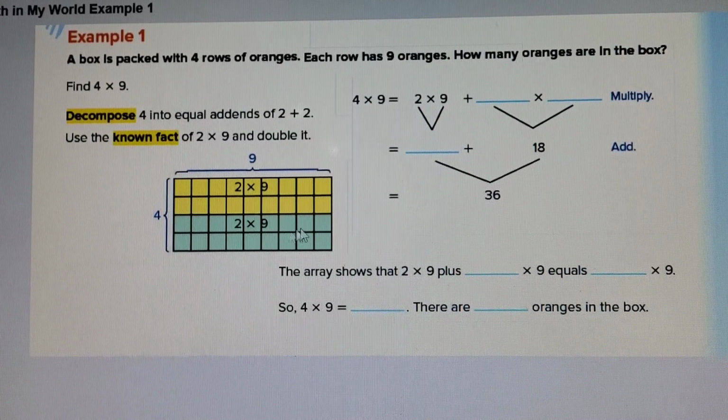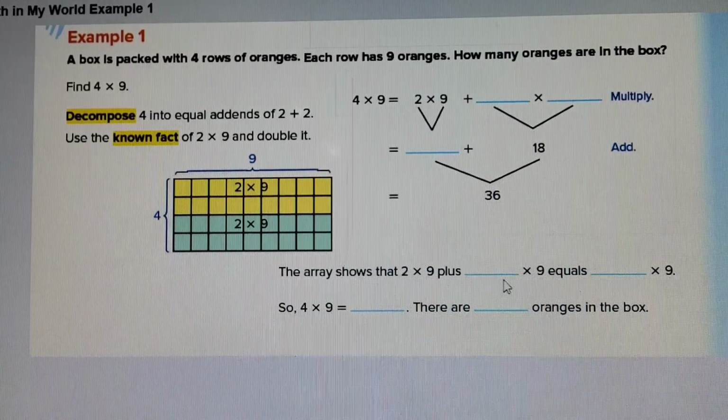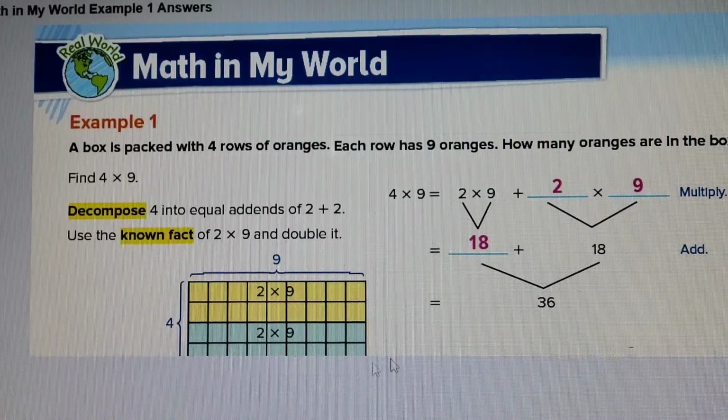Here's your second array. 18 plus 18 equals 36. The array shows that 2 times 9 plus 2 times 9 equals 4 times 9. So 4 times 9 equals 36. There are 36 oranges in the box.